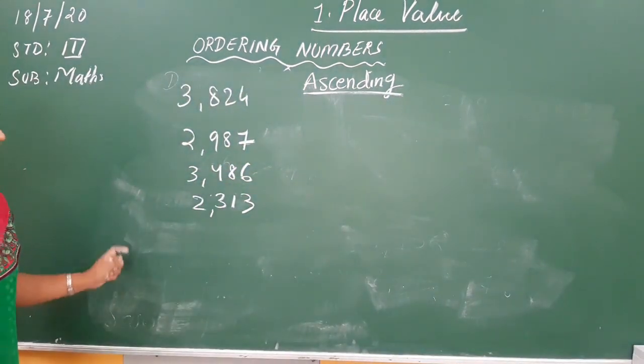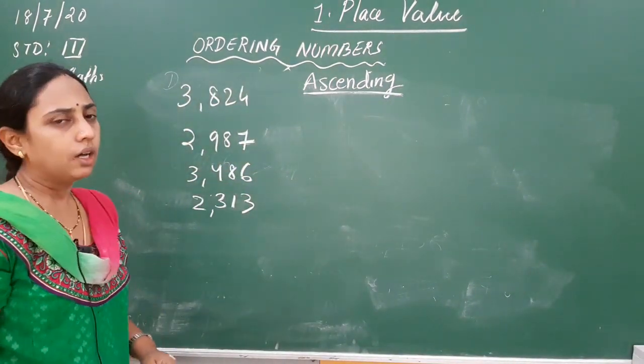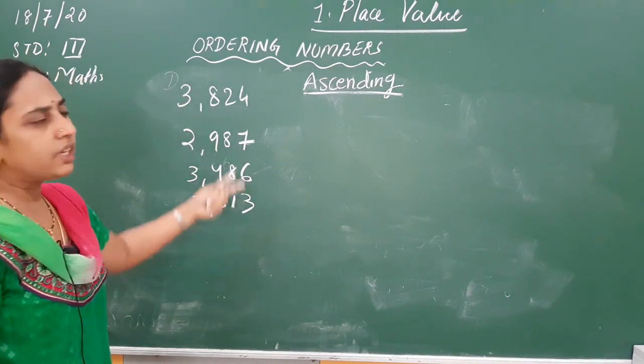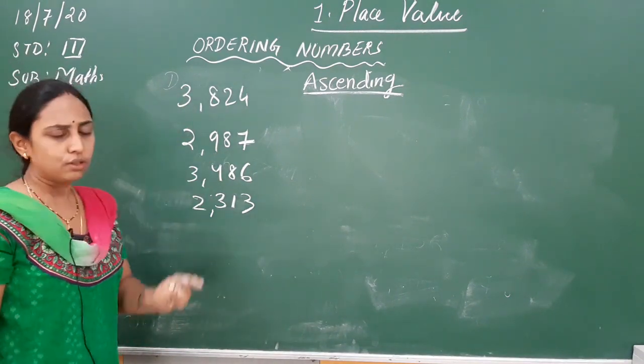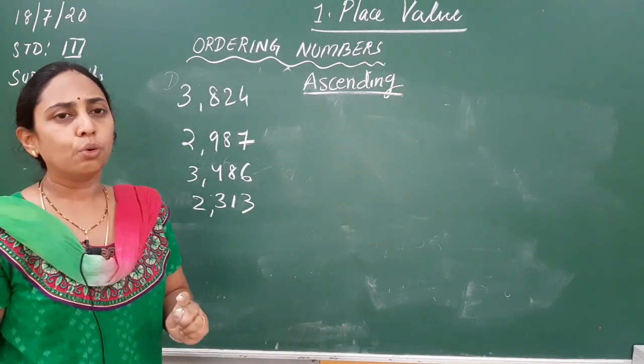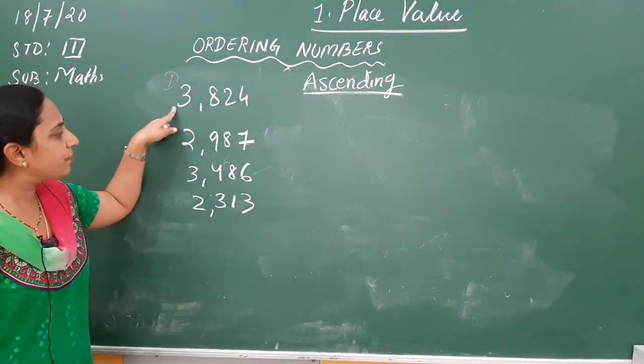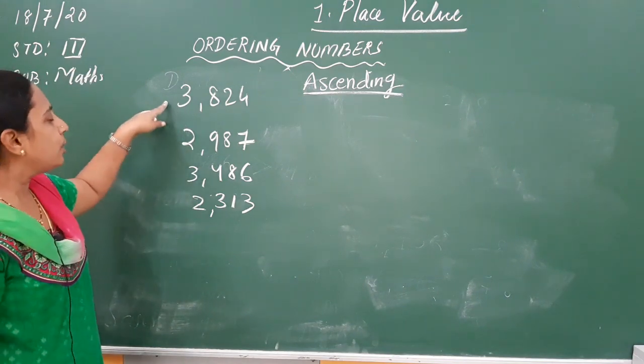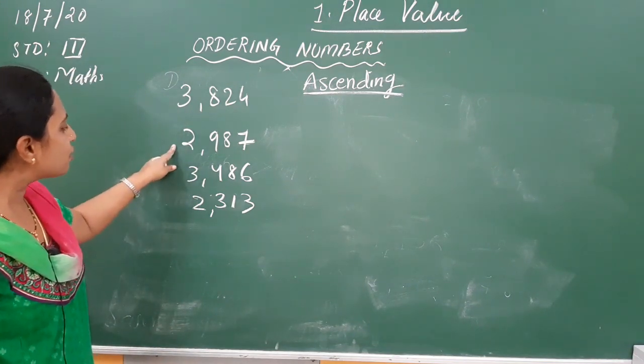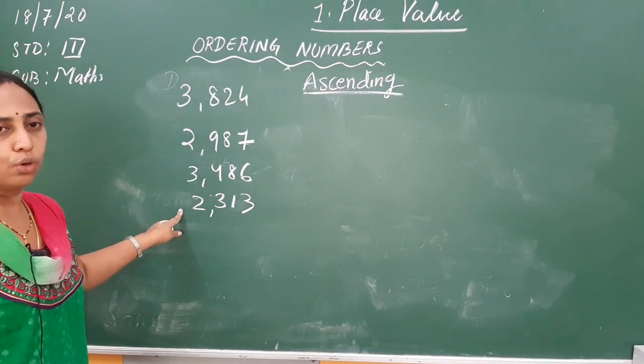So first we need the smallest number. So as per the rule, we will count the digits, 4 digits. Okay. Rule number 2, we will check the value of the digit in thousands place. So here it is 3, here it is 2, here it is 3, here it is 2, right.